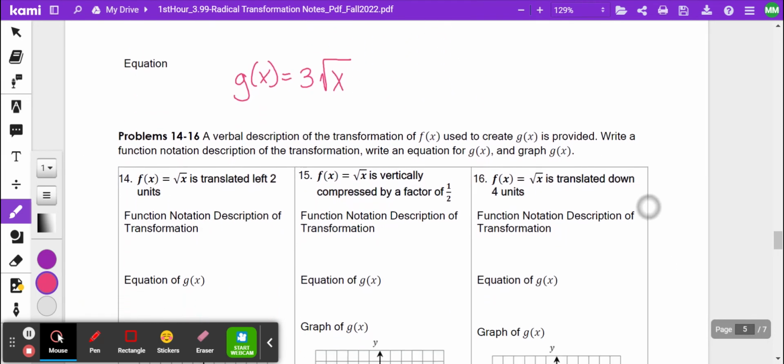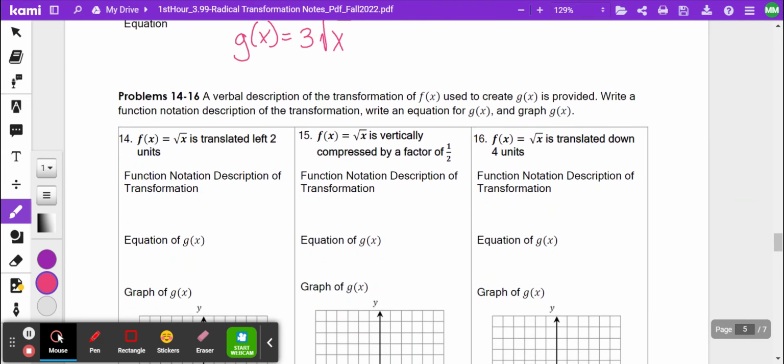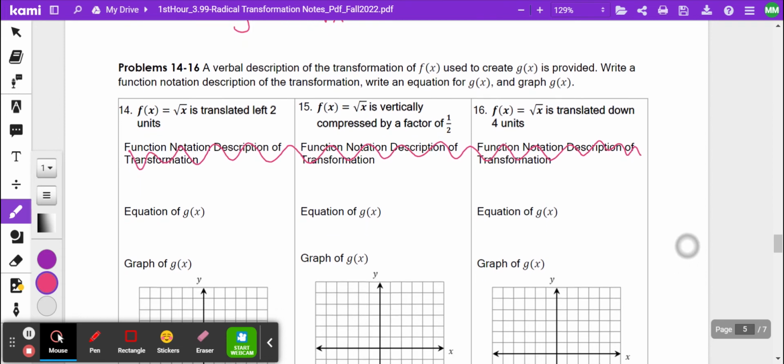For problems 14 through 16, you can also get rid of the function notation description. These ones tell you how to change it, and you're just going to write what the equation would be, and then you're going to draw it. So, for number 14, we have translated left 2.